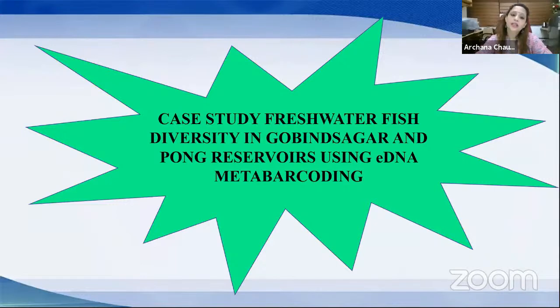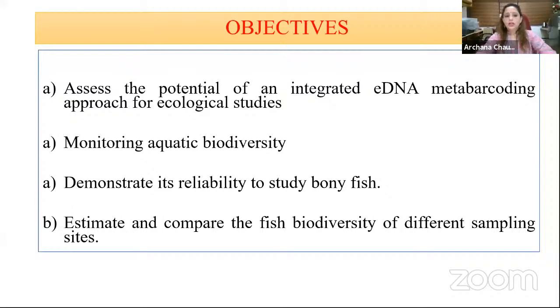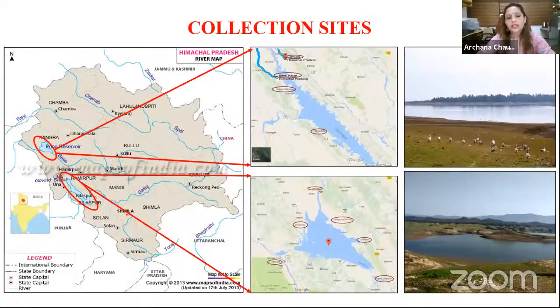Now coming to the case study of freshwater fish diversity in the Gobind Sagar and the Pong Reservoir using eDNA metabarcoding. The collection sites, both the Pong Reservoir and the Gobind Sagar Reservoir, are present in the state of Himachal Pradesh.